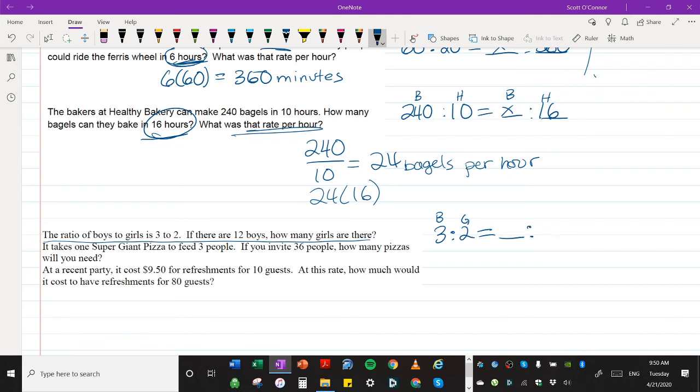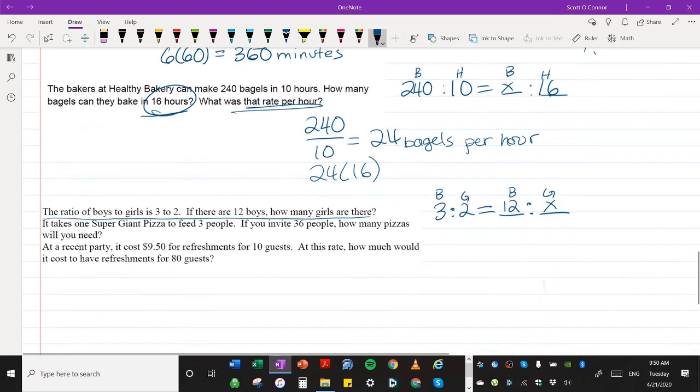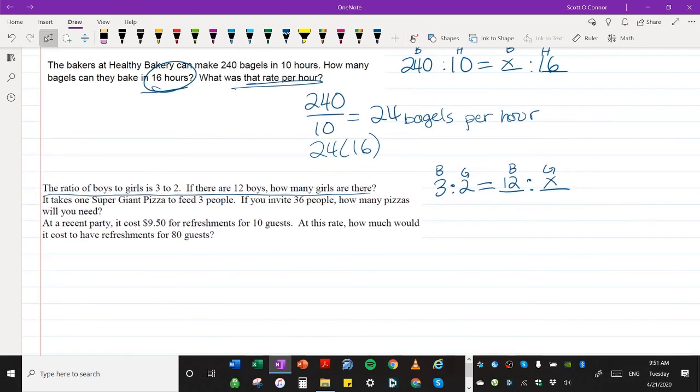We have to do our blank colon blank, B and G, and there are 12 boys. So now we set it up and we can solve, okay? The next few questions are very similar.